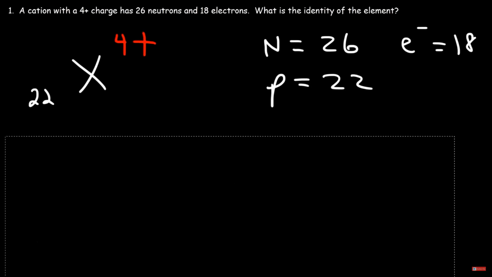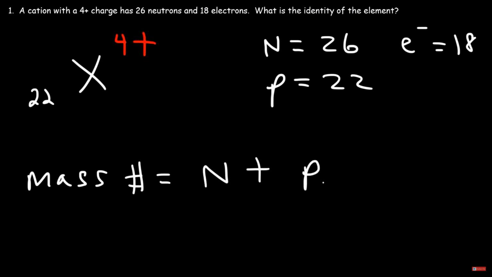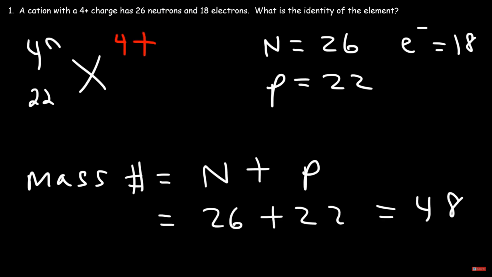Now, if we wish to calculate the mass number, we can. The number of neutrons was the difference between the mass number and the atomic number. If you rearrange that equation, you'll find that the mass number is the neutrons plus the atomic number. Or you could say it's the neutrons plus the protons, because the protons is the same as the atomic number. So it's 26 plus 22, which is 48.